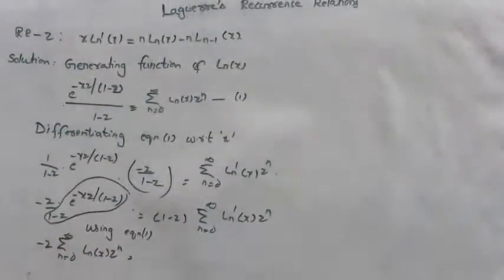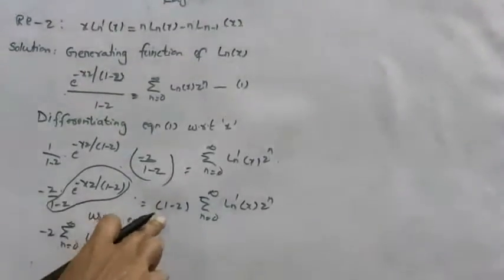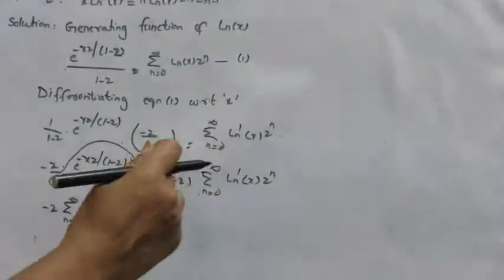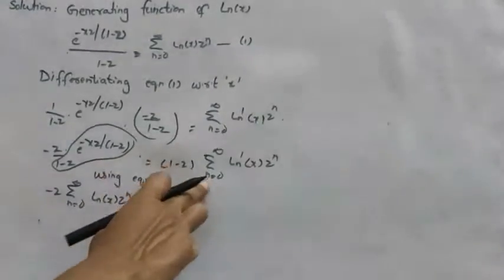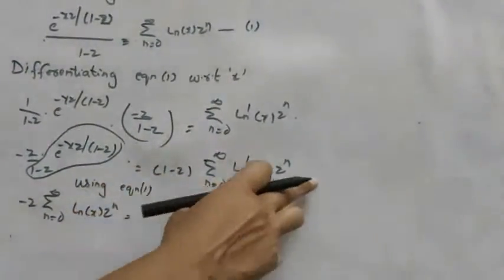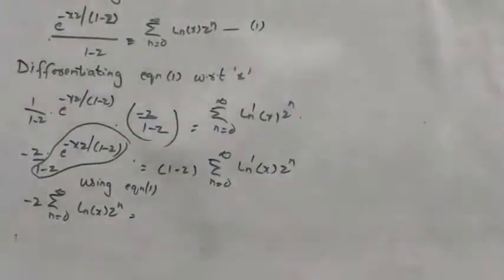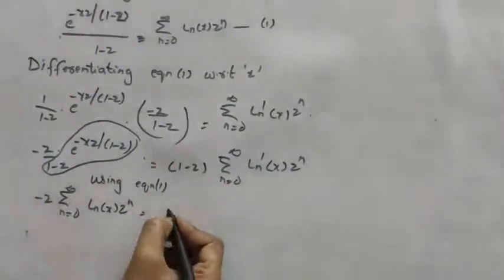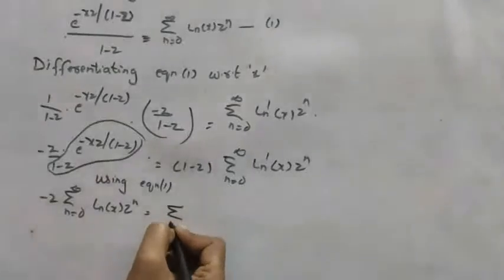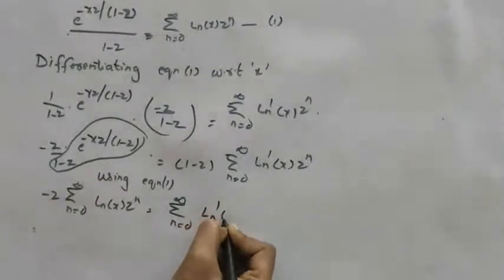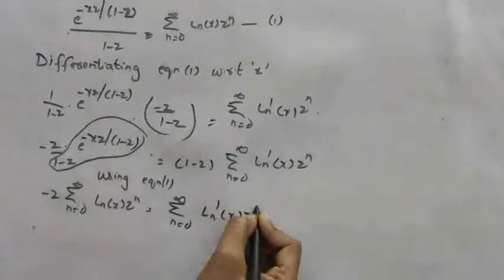Now 1 minus z is multiplied with this summation term. Once you multiply 1 into this summation term, you get the summation term only, and minus z into this summation term. So 1 into the summation: summation n is equal to 0 to infinity Ln dash of x into z power n.